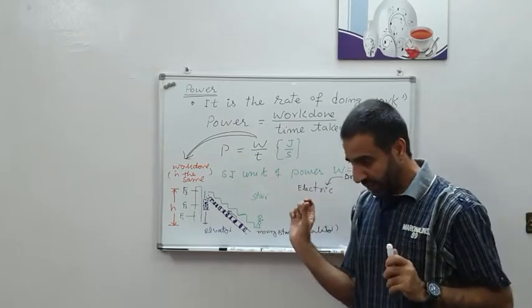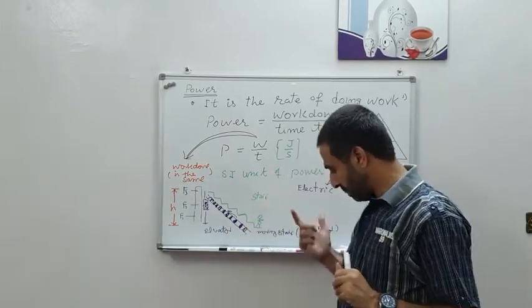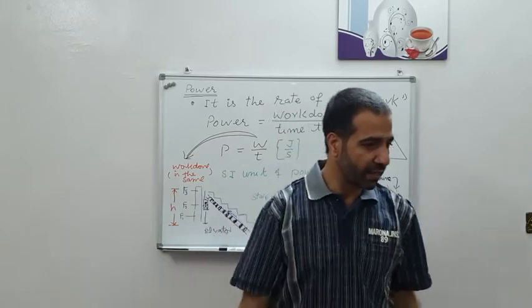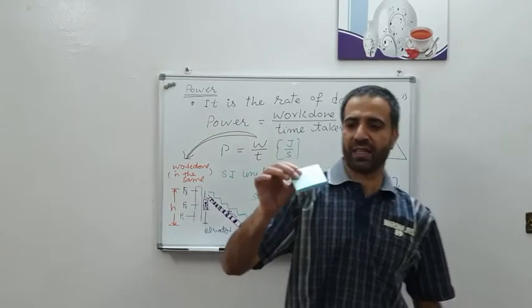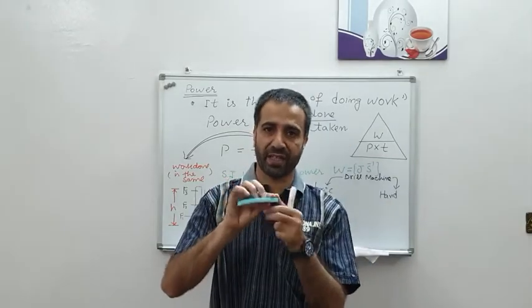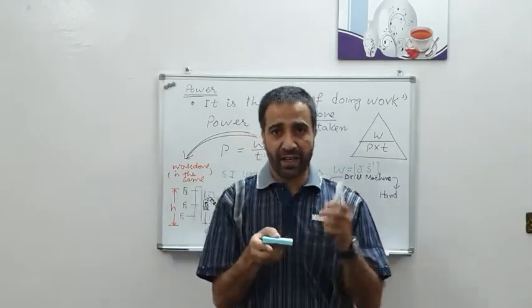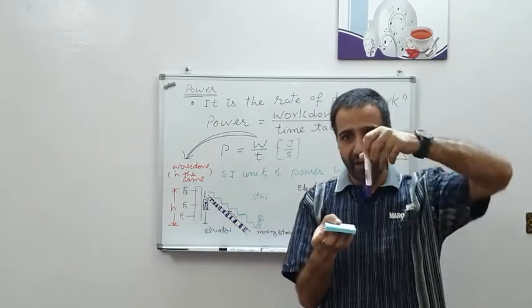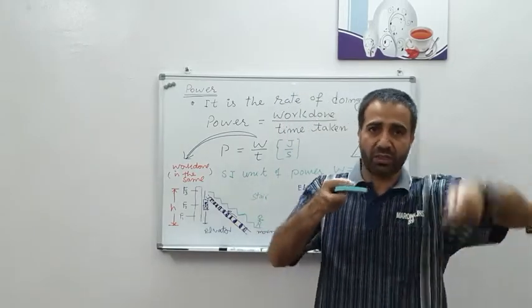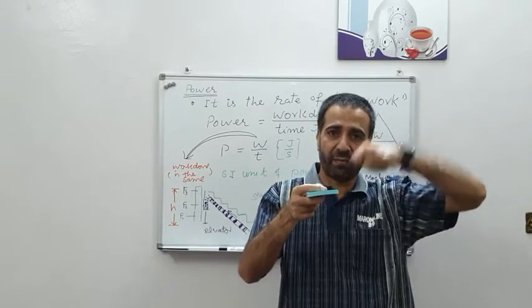For example, if you choose a piece of wood, this is a piece of wood, the same thickness, right? And if you want to make a hole in it, you have the hand drill machine with which you just rotate. This is a mechanical based system.